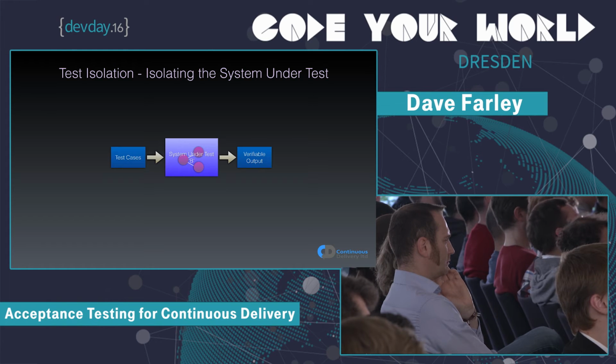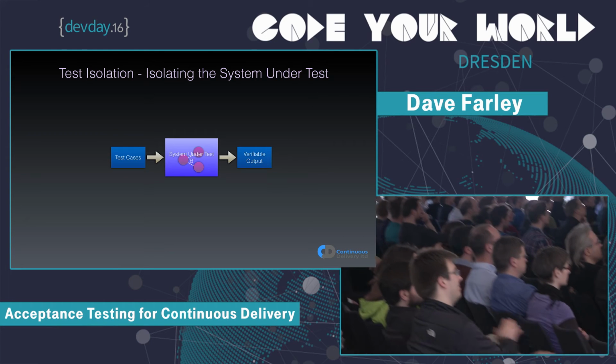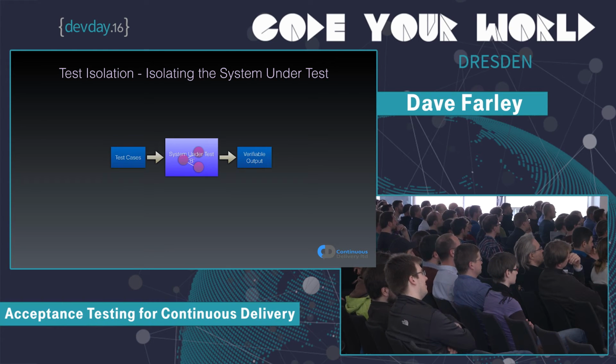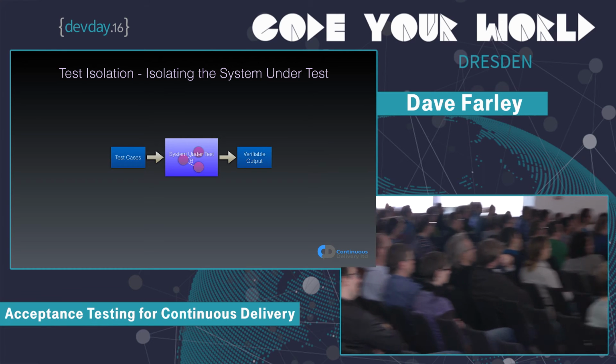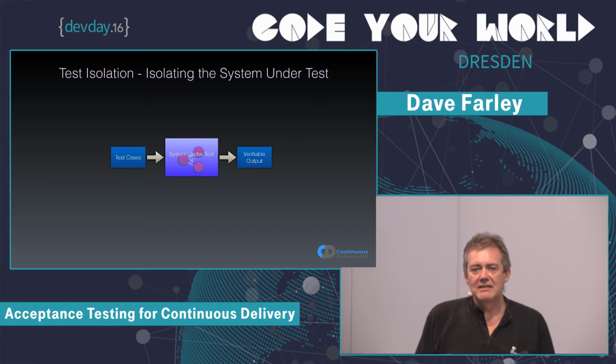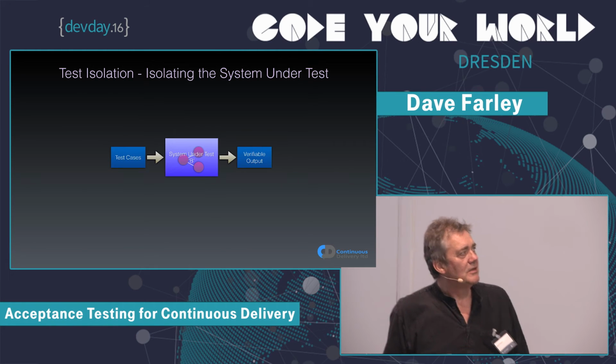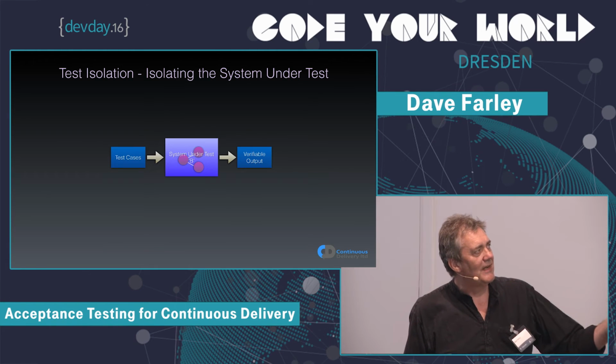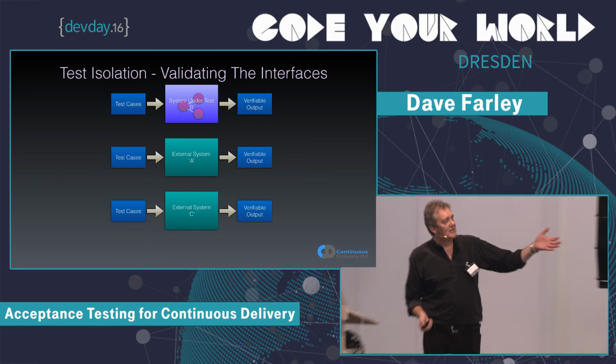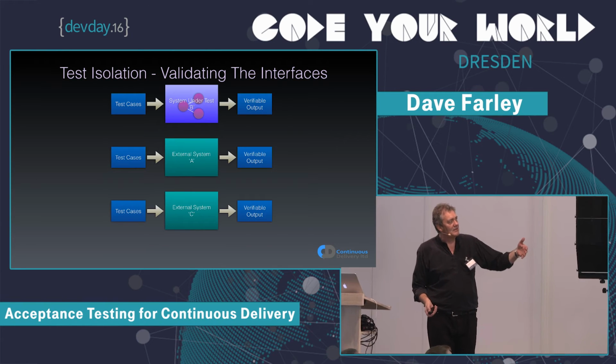Now, there's a good reason why these big organizations worry about this problem. They're worried about the interfaces between system A and system B and system B and system C. And that's a valid concern, so we need to find a way to validate those interfaces as well. So my recommendation is we do the test cases and the evaluation close to each of the systems, and then we repeat that for each of the systems.